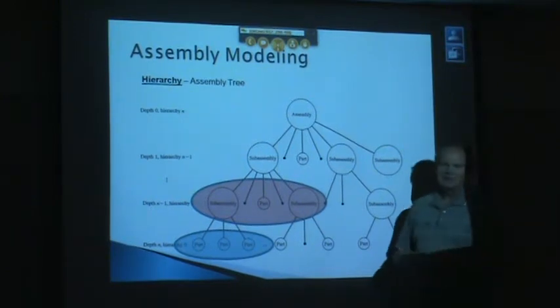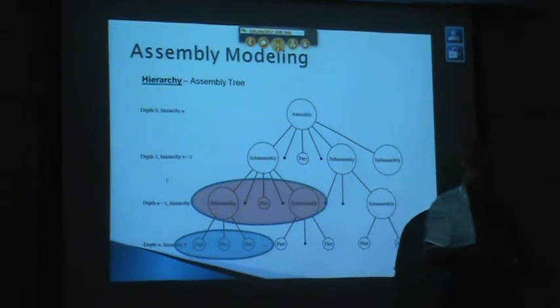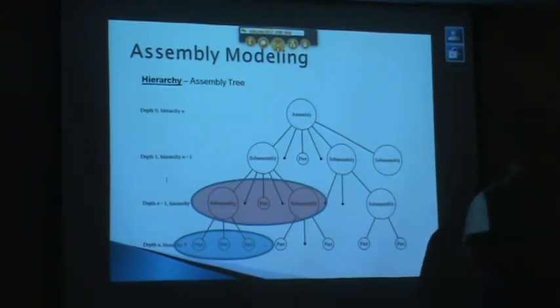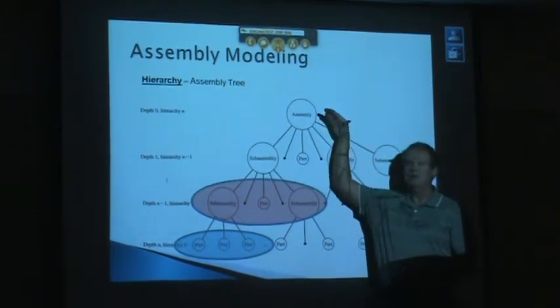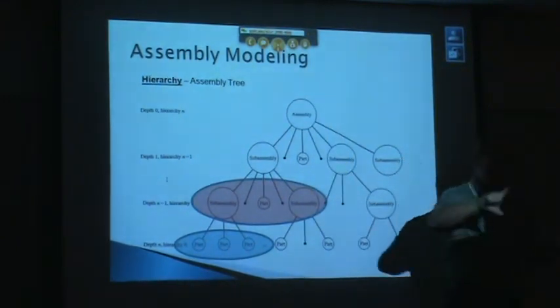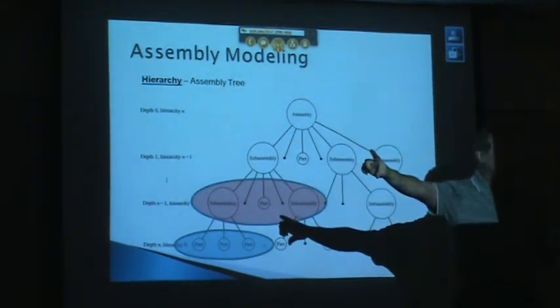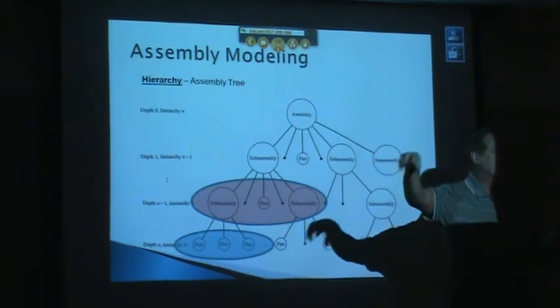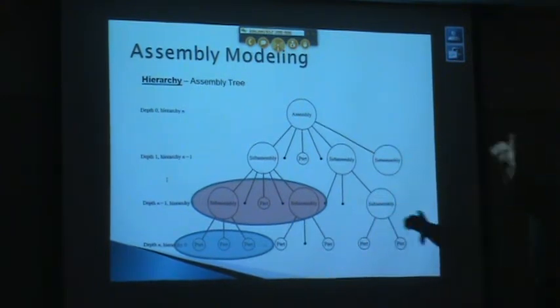In this class, not recently, but it wasn't too uncommon to see an assembly that had 500 parts in it, no sub-assemblies. So it was a master assembly, 500 parts. Not a very good assembly tree structure. Okay?